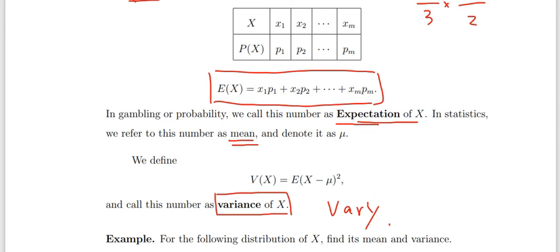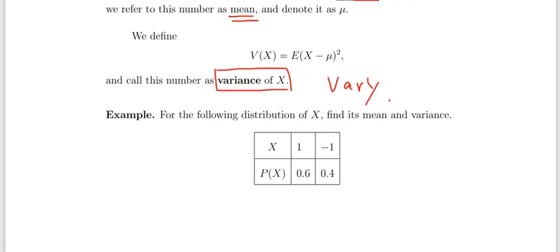So we use this number to measure change. So for a given distribution, we can find its mean and variance. So like here, we find mean and variance.